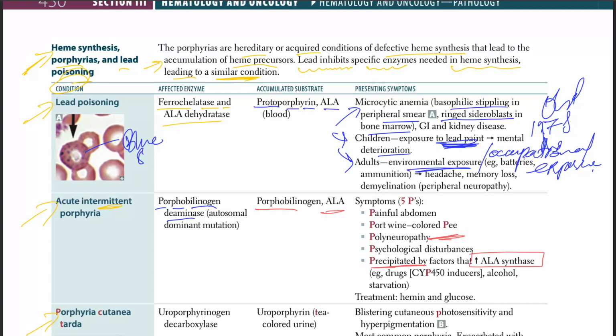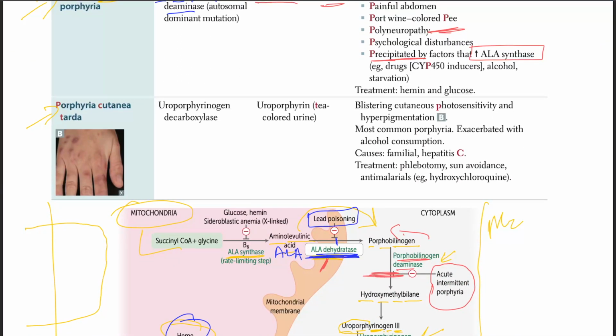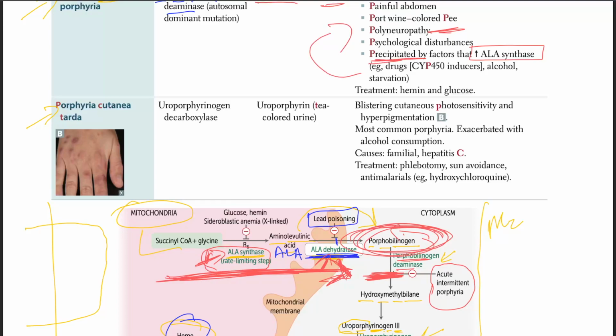So factors that are increasing this enzyme here, which is a rate limiting enzyme, are pushing the whole biochemical pathway this way, and here you have the blockade, so you have more and more accumulation. So anything that is pushing and increasing the ALA synthase, which is a rate limiting enzyme, precipitates all of this more.